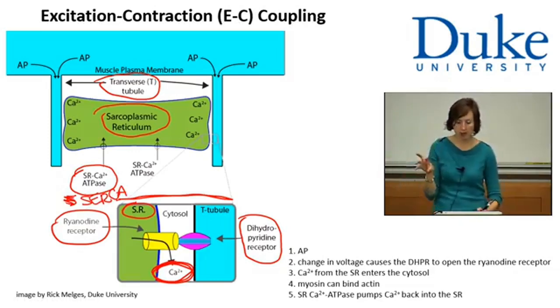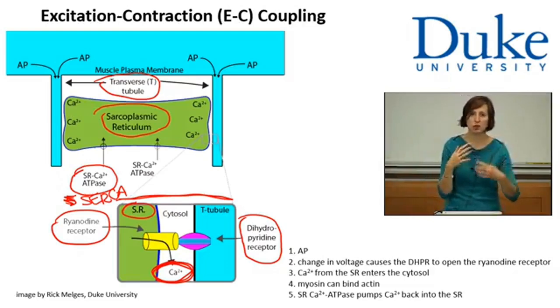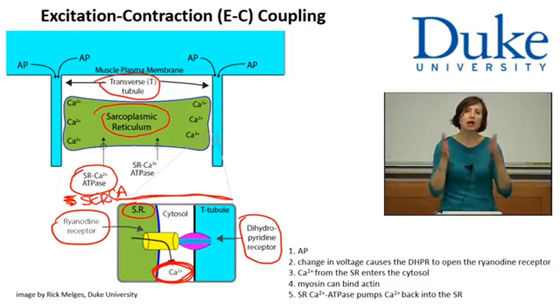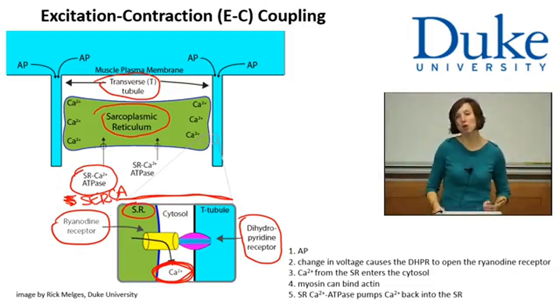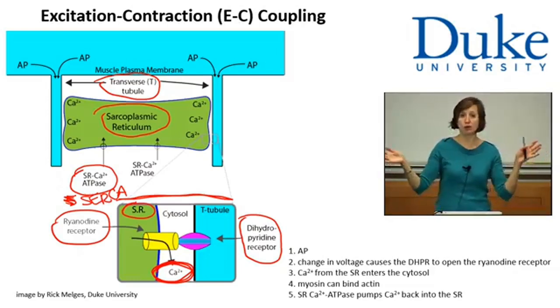We'll talk more about what that means for contraction, because very soon after we start dumping calcium, we're going to start putting it back into the SR, which is going to then allow for relaxation.